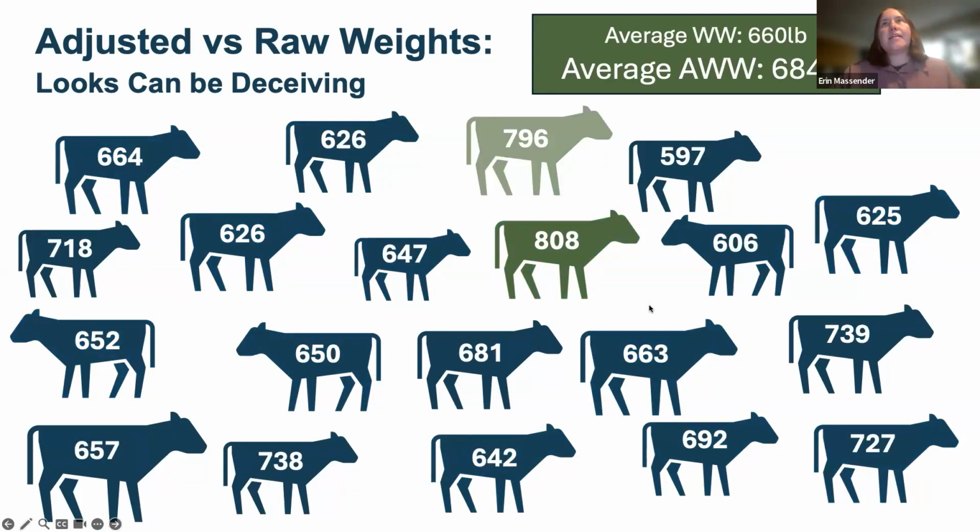And when we consider that in the adjusted weaning weight calculation, calf 12 starts to look a little bit superior in terms of growth rate, with a little bit higher adjusted weaning weight, because we're appropriately considering the fact that he came from a heifer as opposed to a mature cow.